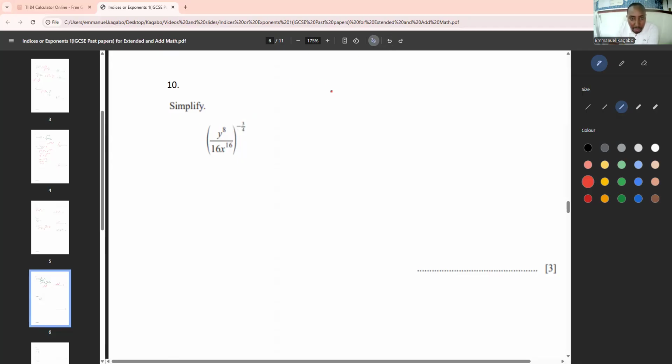So let me try to do something here. A over b power -1. What does that mean in mathematics? It means a power -1 and b power -1. But this one is taking ages, you know? The easier way is to just reverse the fraction. So instead of writing that, I can simply write b over a.